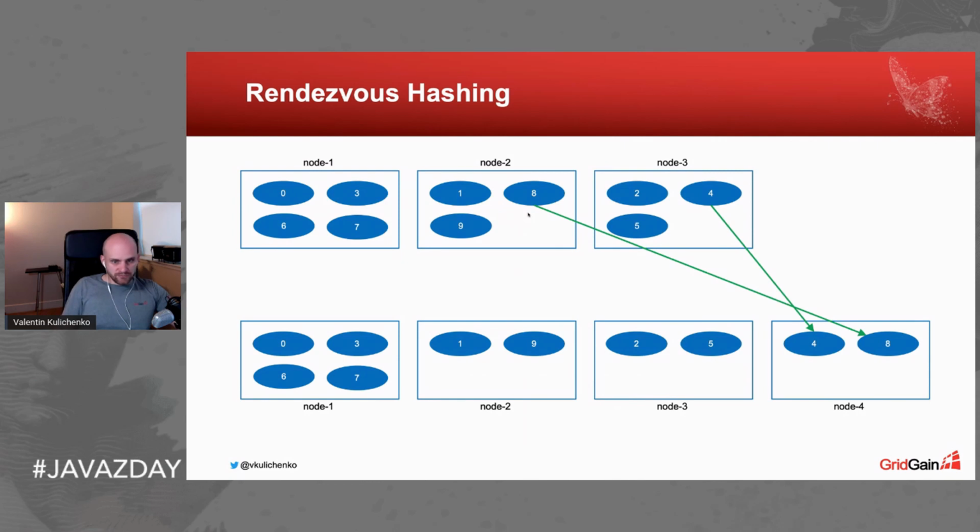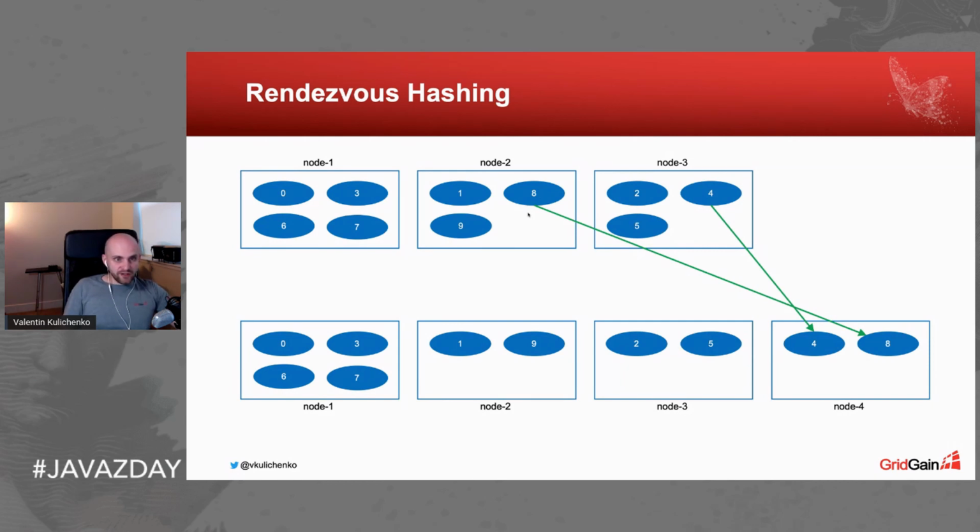So if we do the same exercise for all those partitions that we have with 3 nodes, with 4 nodes, but with the new mapping function using the rendezvous hashing, that's how it will look. So we have 2 partitions moved from old nodes to the new node. These are partitions 4 and 8.